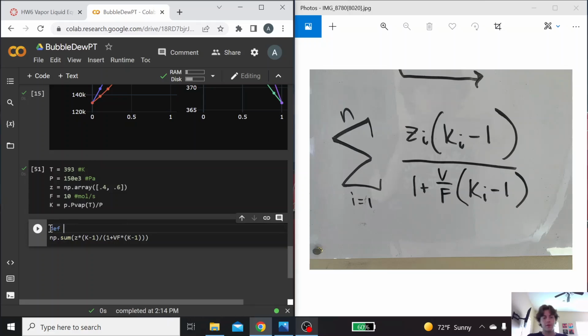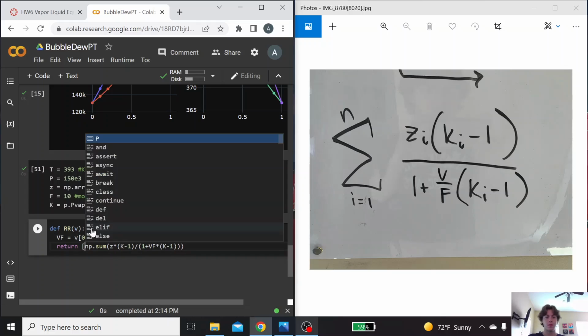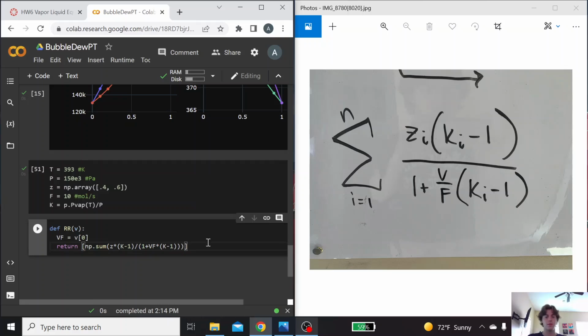So I'm going to define a function for our Rachford-Rice. Since we are using it in the root solver, we need to pass a vector to it, and in the vector it's just going to be our unknown, which is the vapor mole fraction. So I'm going to unpack that, and then all we have to do is return this equation as an array.